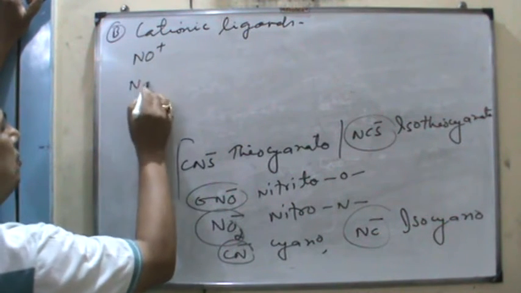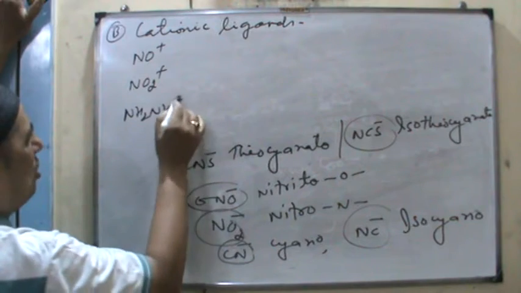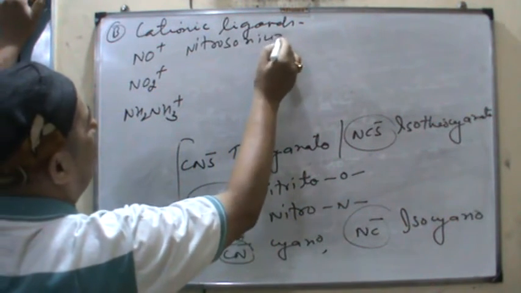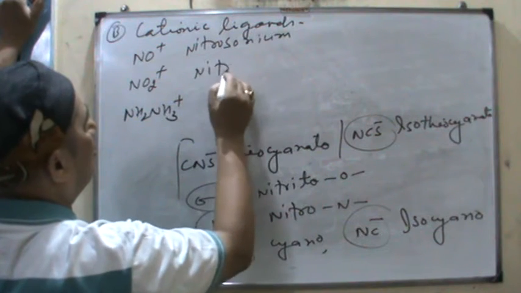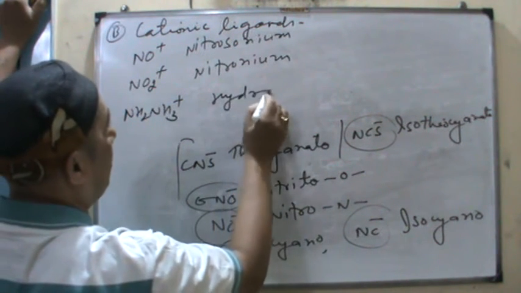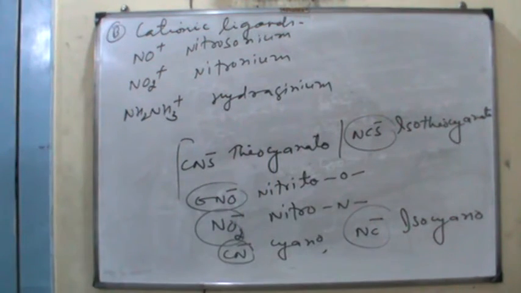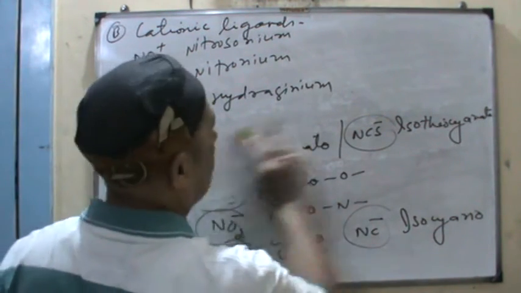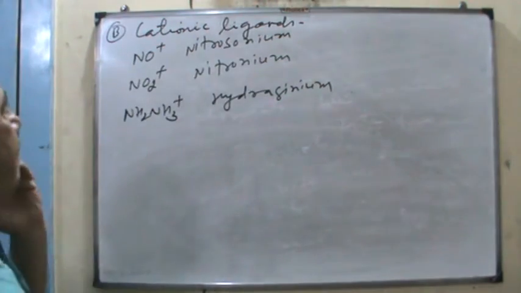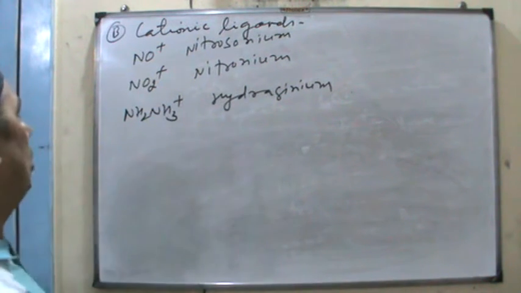NO⁺, NO2⁺, NH2NH3⁺: nitrosonium, nitronium, hydrazinium, etc. These are known as positively charged ligands. Nitrosonium and nitronium: be careful in writing the names and all that.